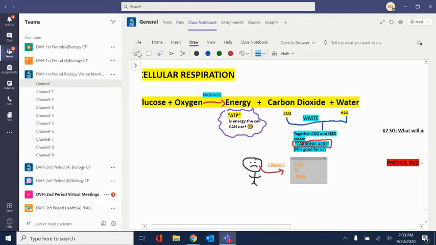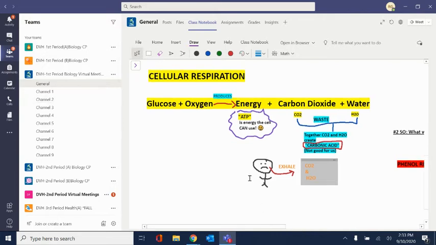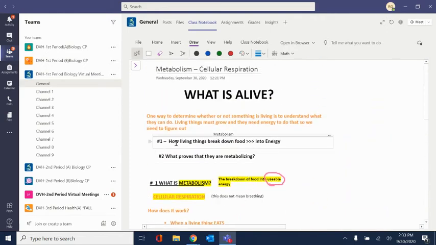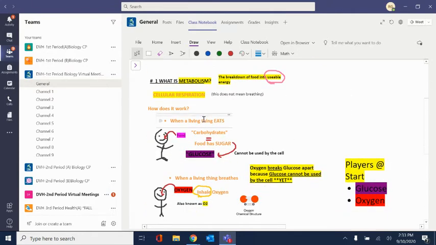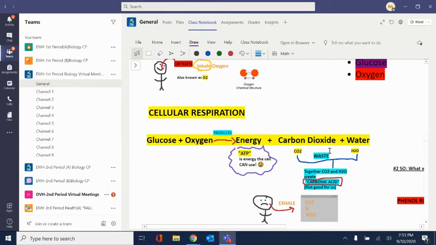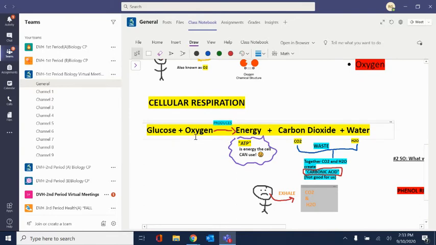Now, why did I just talk about all of this? Why does it even matter? Well, we said that we had two goals. Number one, how do living things break down food? We should now understand that we take in food and we take in oxygen. Oxygen breaks apart glucose into usable energy, which is ATP, carbon dioxide, and water.